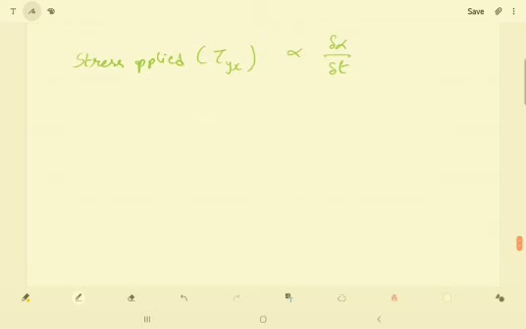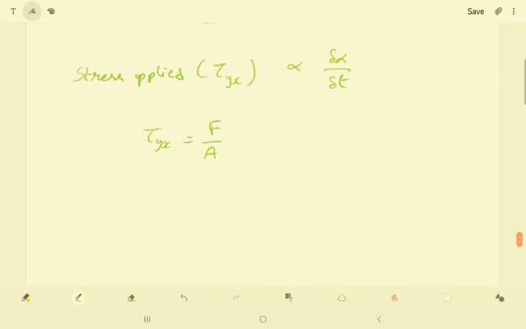As tau yx is generally equal to force by area, stress equals force by area. We have learned it from the units of elasticity. As we are seeing, force is directly proportional to the deformation delta alpha, and force is inversely proportional to the time delta t.